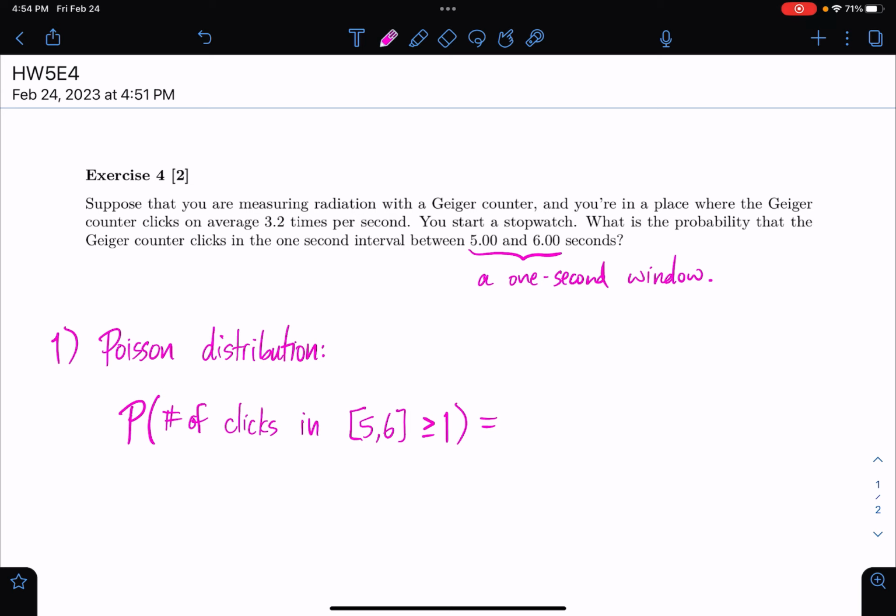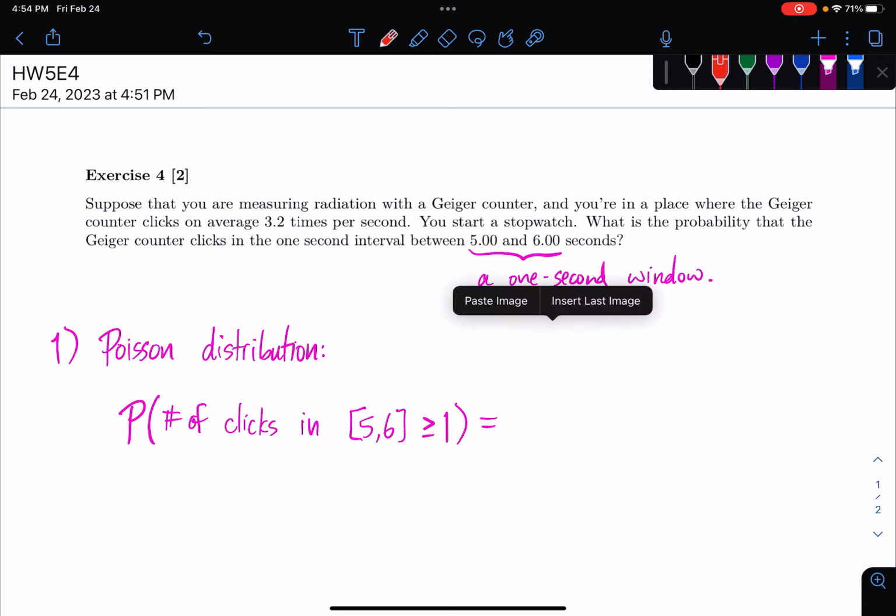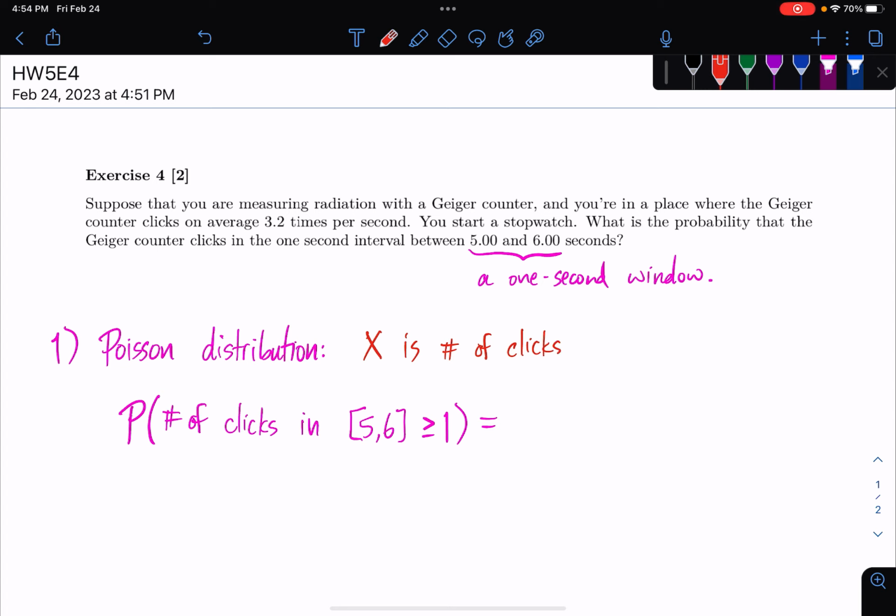And so let's introduce a random variable X. Let's say X is the number of clicks in the interval. Then X is going to be distributed like Poisson 3.2, because that's the number of clicks we expect in the interval. We're using this Poisson assumption.